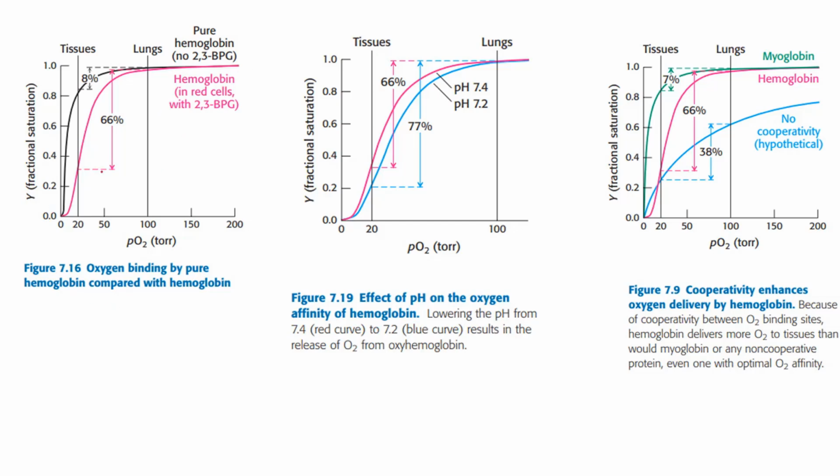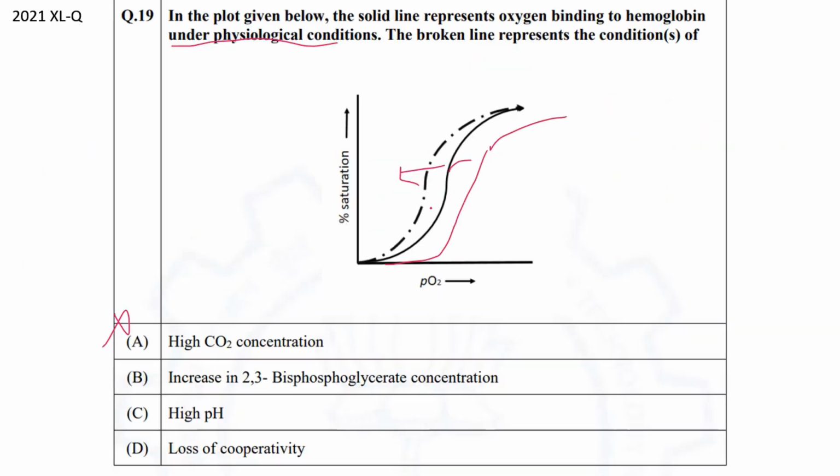Then they have seen it with the hemoglobin present in physiological conditions, which is hemoglobin with 2,3 BPG. 2,3 BPG is an inhibitor present inside our body along with hemoglobin, and as you can see here, in the presence of 2,3 BPG, the curve has shifted towards the right. Again, the curve here is shifting towards the right while ours shifts left, so this is also not the right answer. Increase in 2,3 BPG concentration will make the curve shift towards the right.